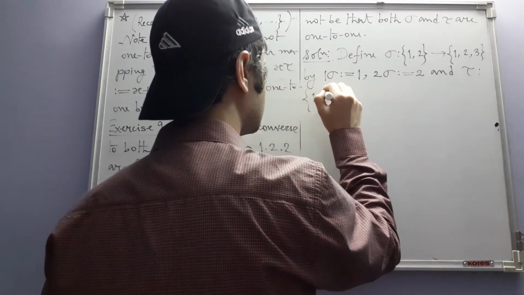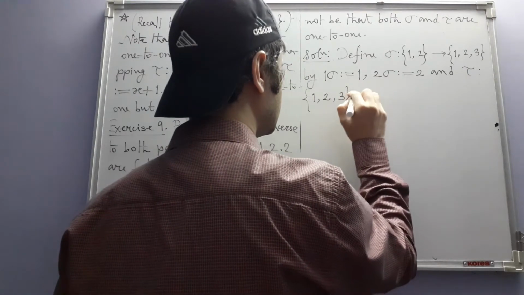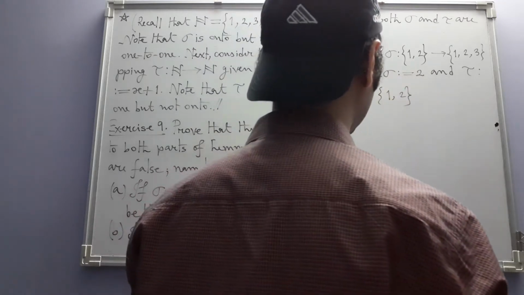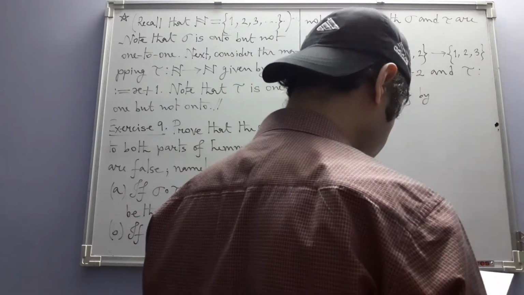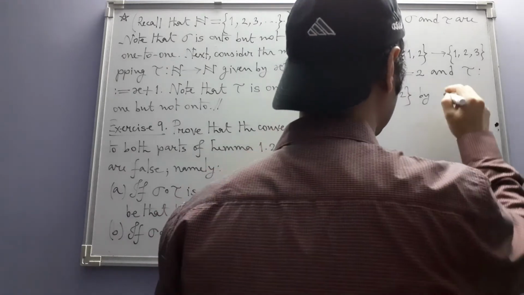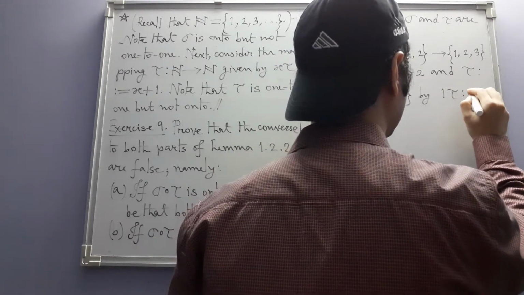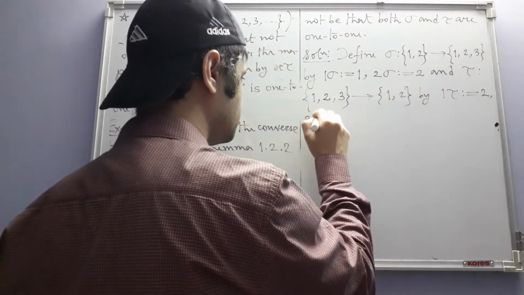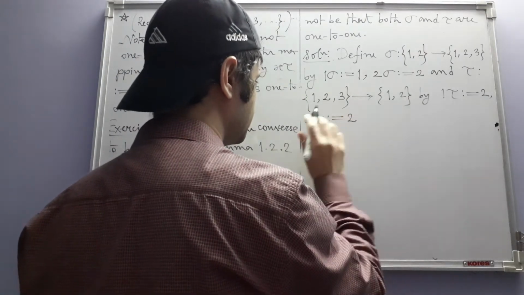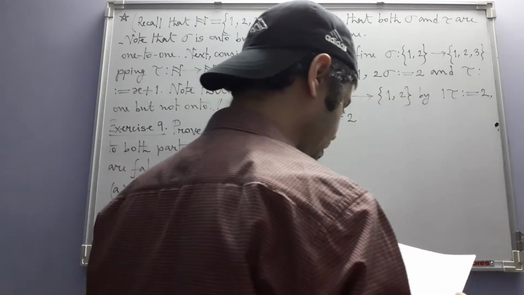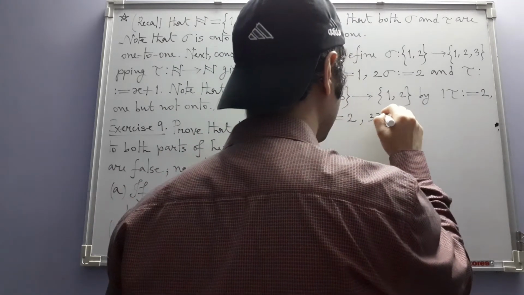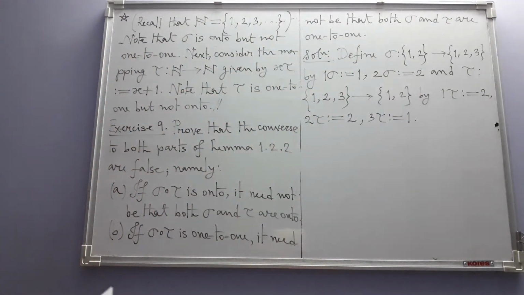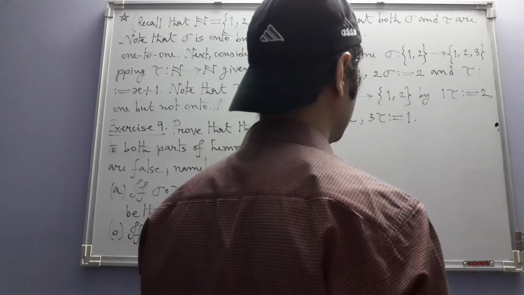This one will be from {1, 2, 3} to {1, 2} by: 1 tau is defined to be equal to 2, 2 tau is also defined to be equal to 2, and 3 tau is defined to be equal to 1.